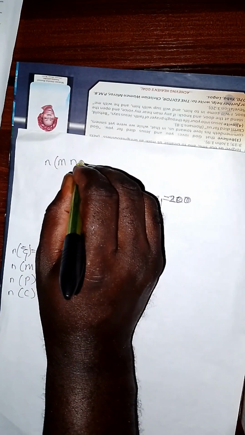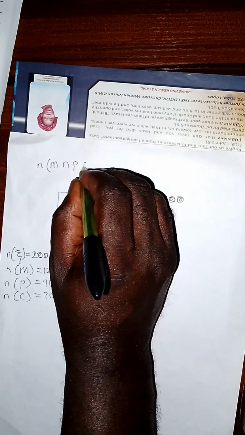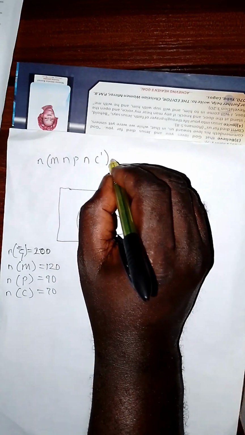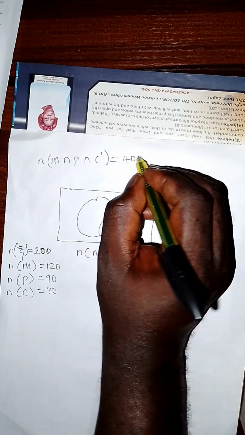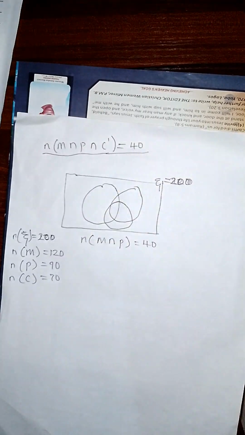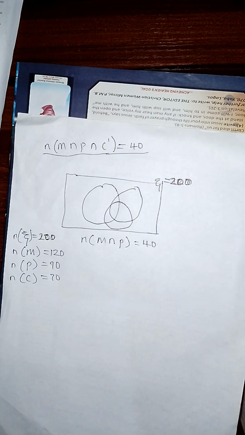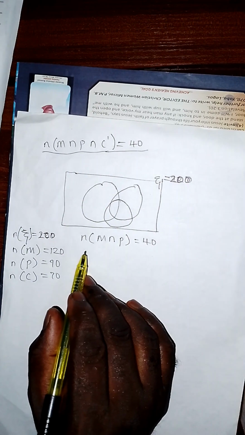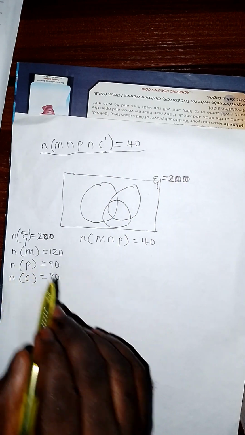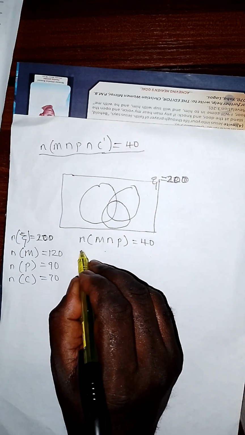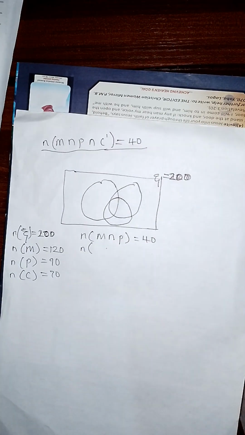This would have been the correct way to express it, because the dot means complement. But now we are not told that it is only mathematics and physics. Hence, I'm writing it this way. Please, this is so important you note.